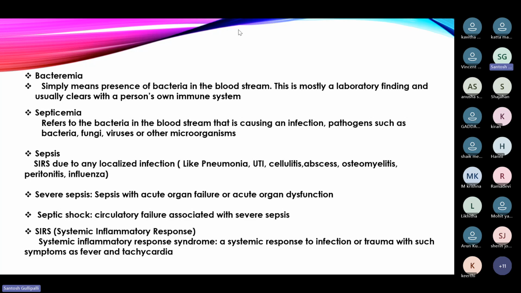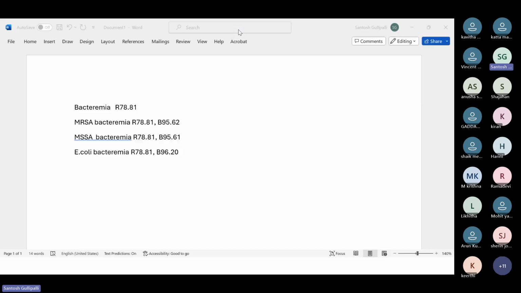If the source of sepsis is any localized infection, you can give sepsis as the principal diagnosis and the localized infection as the secondary diagnosis. For example, sepsis due to pneumonia.